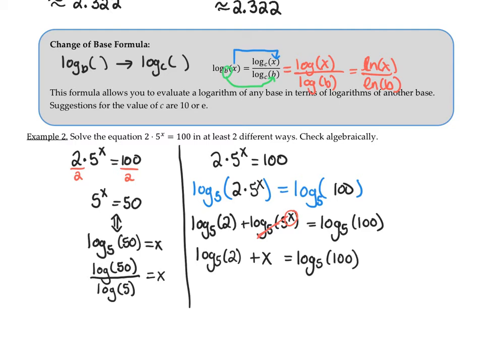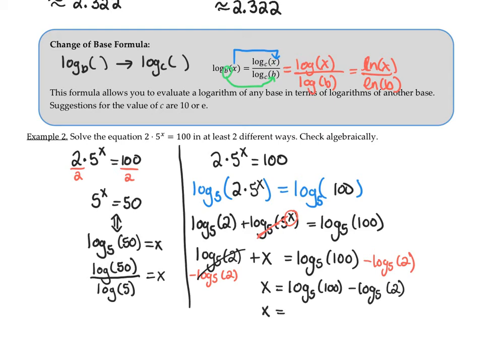Now I'm trying to get x by itself, so I need to subtract this log base 5 of 2 from both sides. And I get x equals log base 5 of 100 minus log base 5 of 2. Now this doesn't look like either of the answers I have.